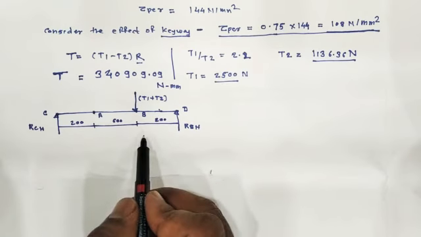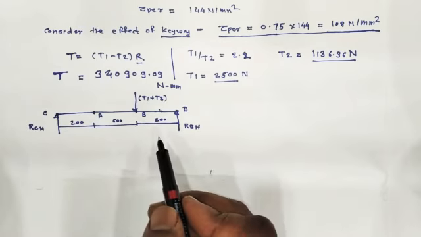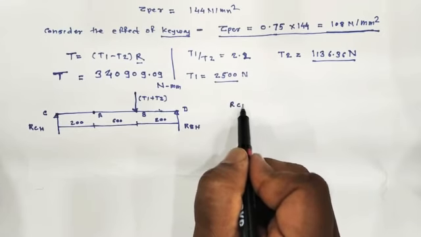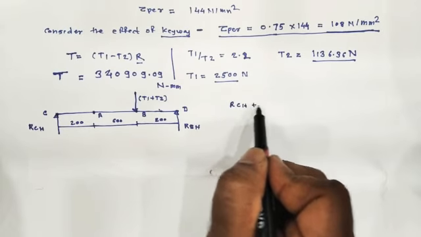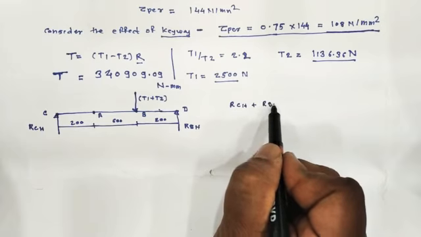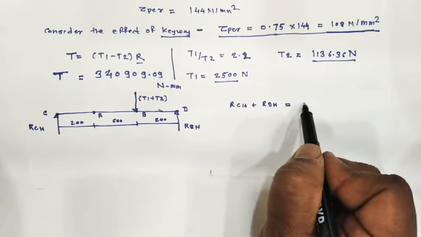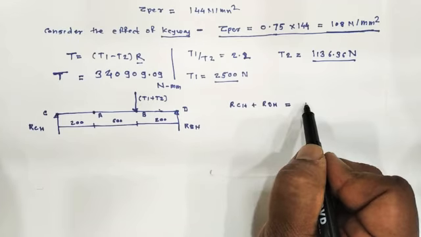Now the next step is to calculate the bearing reactions. So we can write RCH plus RDH is equal to T1 plus T2.